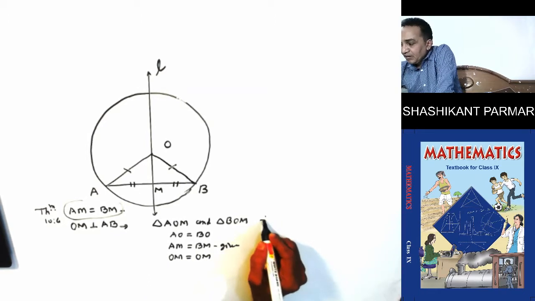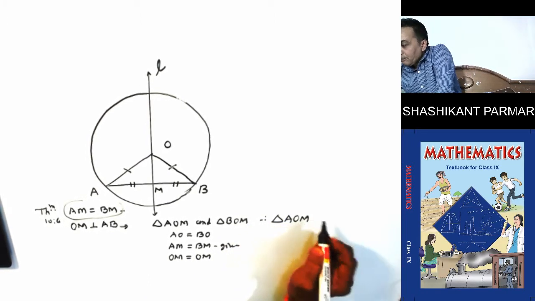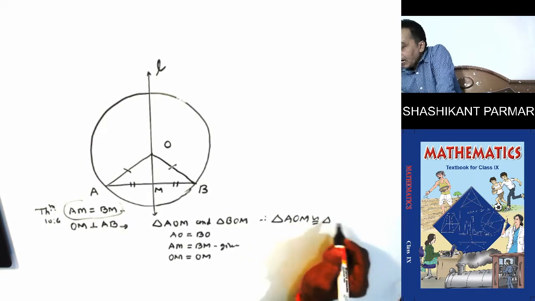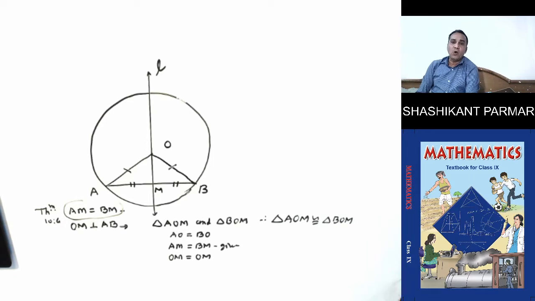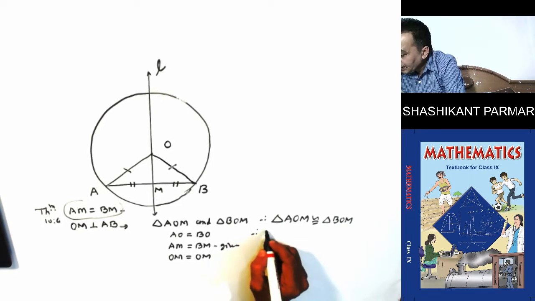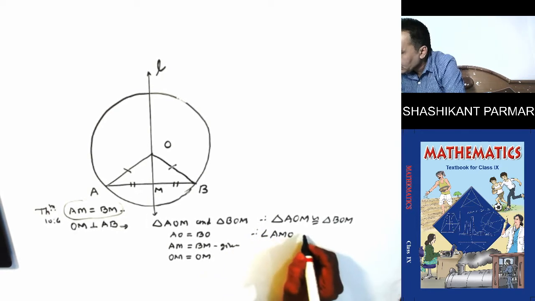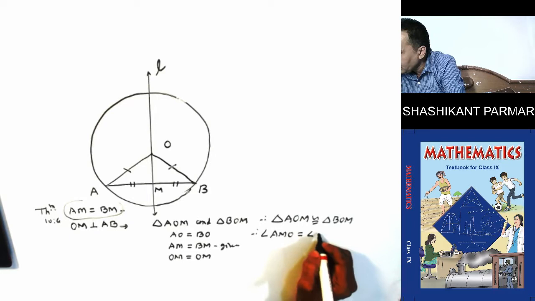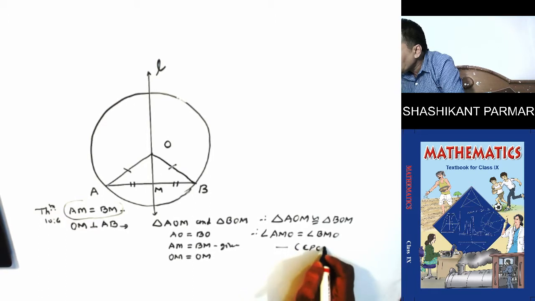Therefore triangle AOM and triangle BOM are congruent, and therefore angle AMO is equal to angle BMO by CPCT.